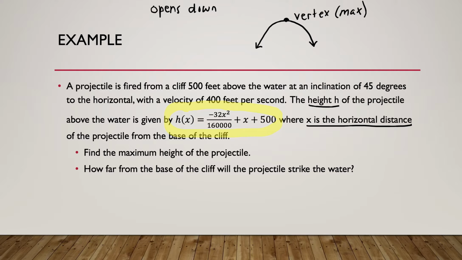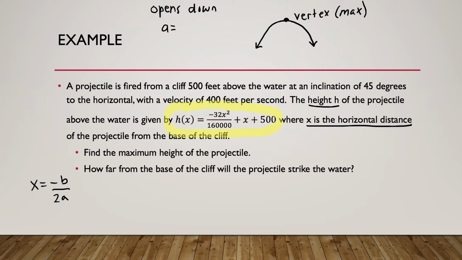All right, so let's work on finding that maximum height. So I'm going to use my formula, x is equal to negative b over 2a. Now, let's write down the a, b, and c just to make it a little bit easier. For the a, I'm going to go to my calculator and get a decimal for that a value.